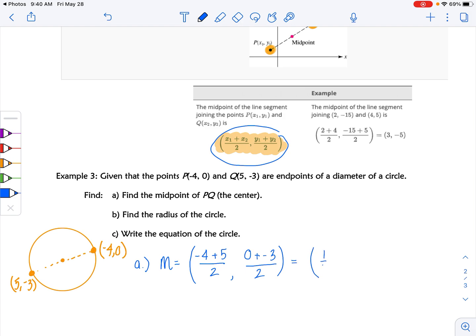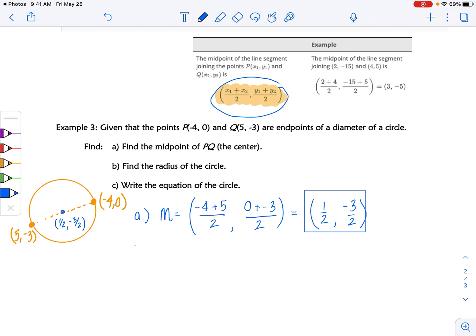Simplify that, you'll get 1/2, -3/2. That is the midpoint. That's this point right here. 1/2, -3 over 2, and try to make sense of that. Between -4 and 5, does 1/2 live? Yeah. Between 0 and -3, -1.5? Definitely.